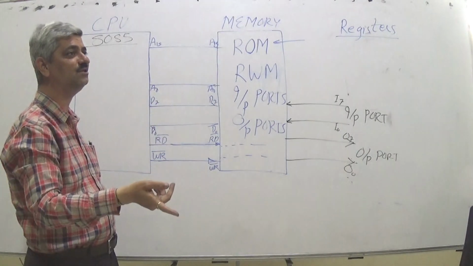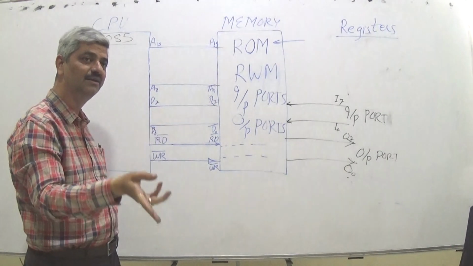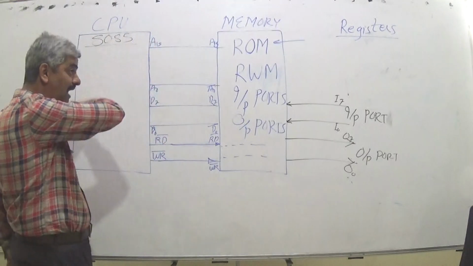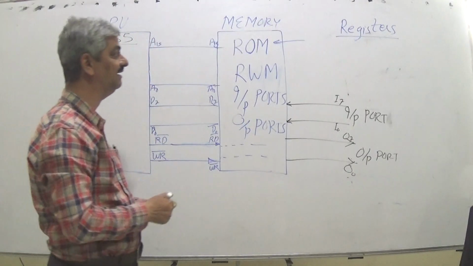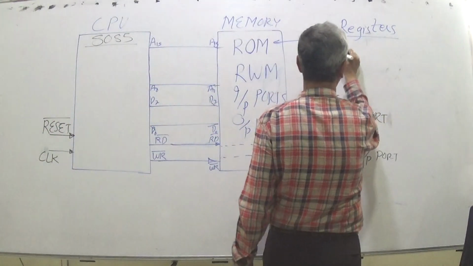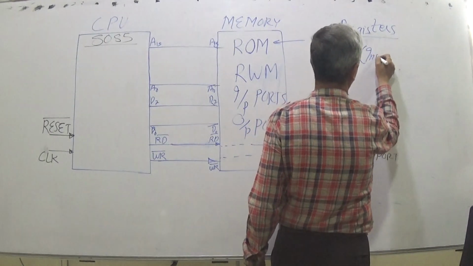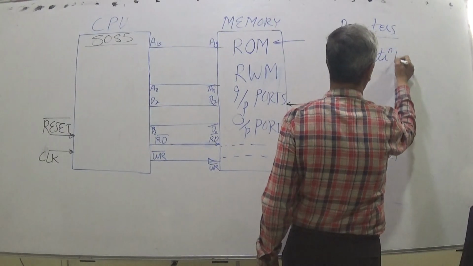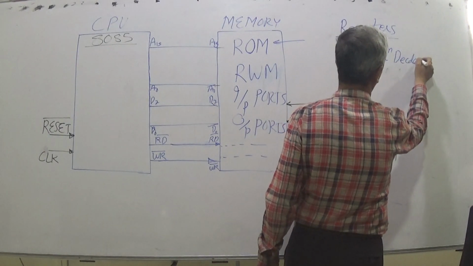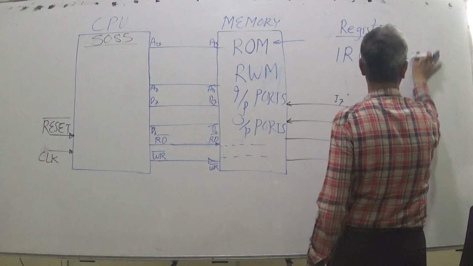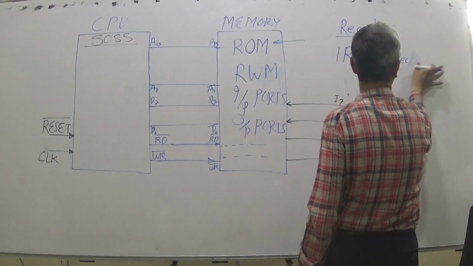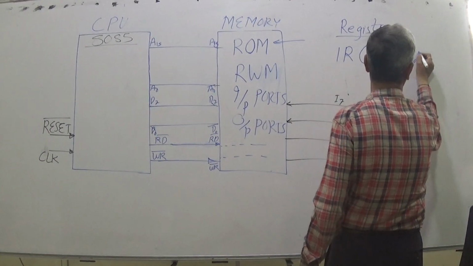Those ones and zeros must be decoded to something, so hardwired logic must be there. That is called, one of the registers is called an instruction register or instruction decoder. One of the registers, which is the main register, is called the instruction decoder.